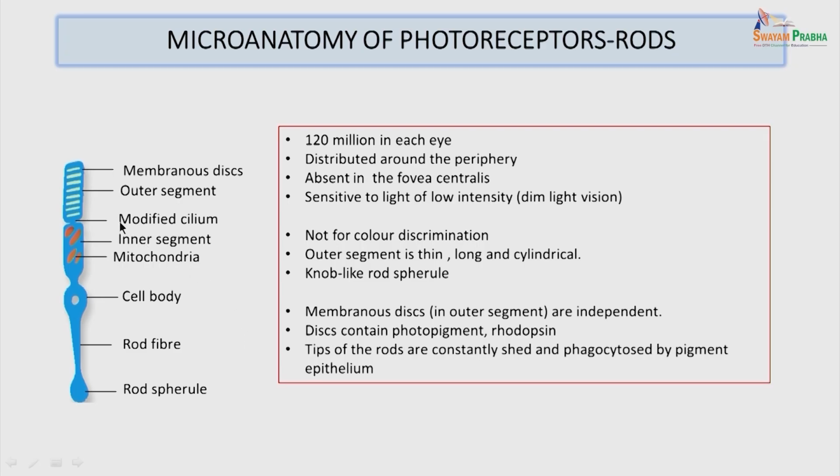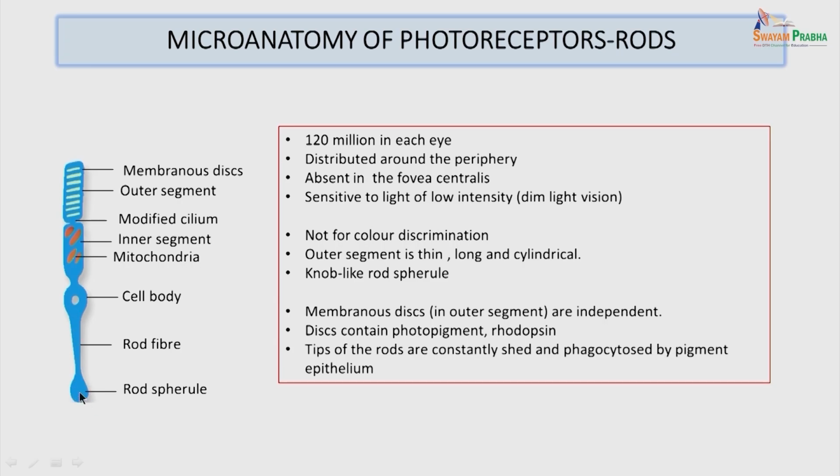Here you are seeing the diagrammatic representation of a rod cell. 120 million in each eye, distributed around the periphery, absent in the fovea centralis, sensitive to light of low intensity, that is dim light vision, not for color discrimination. You can see the outer segment here, which is thin, long and cylindrical.